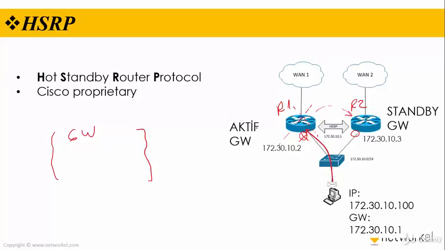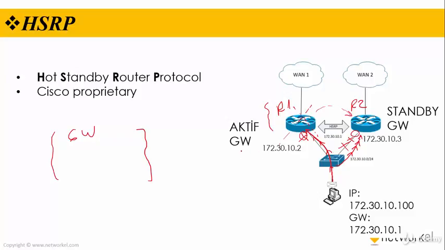For example, if router 1 is the active router, the traffic flows in that direction and there is no packet in here. When this one fails, the traffic is switched to this direction.